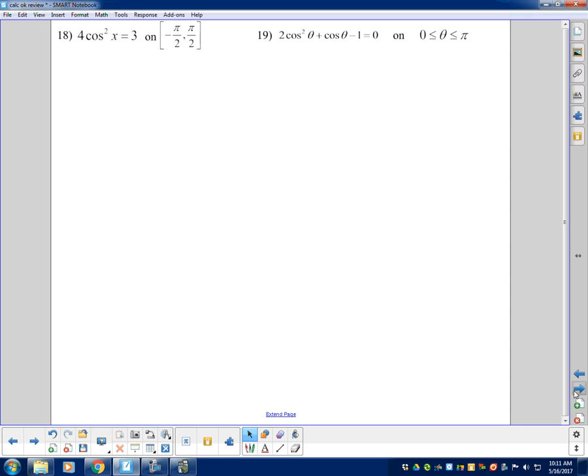Number 18, for what values of x in the interval negative pi over 2 to pi over 2 is 4 cosine squared of x equal to 3? We're going to solve within this region. First divide by 4, so cosine squared x equals 3/4.